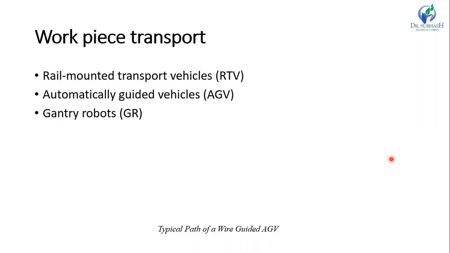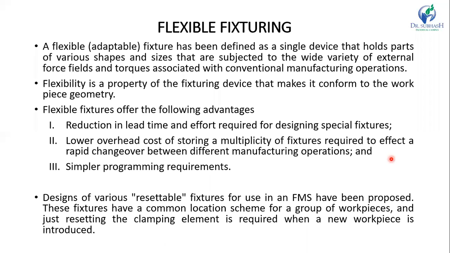Alternatively, a gantry robot moving along a linear overhead gantry may be used to transport workpiece set pallets from the store or setup station to the machines. So this is about the workpiece transport.